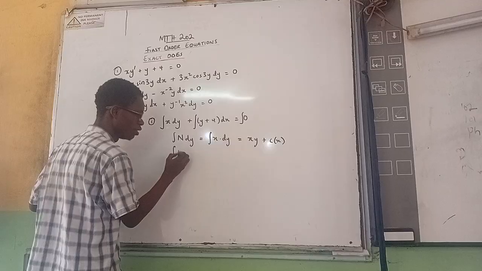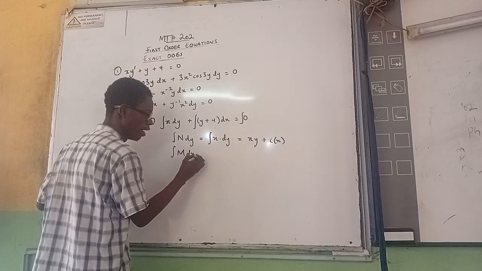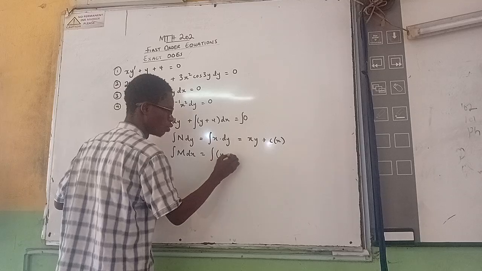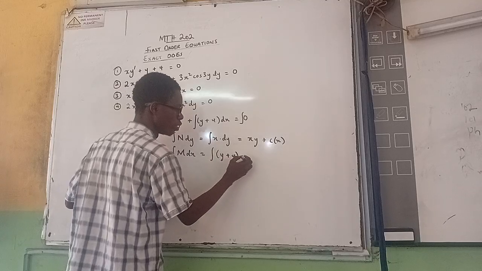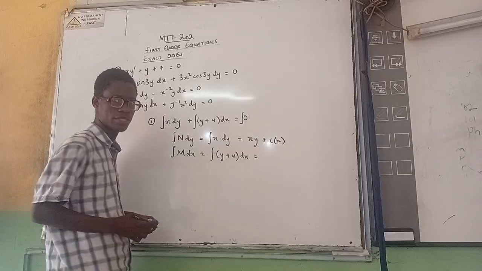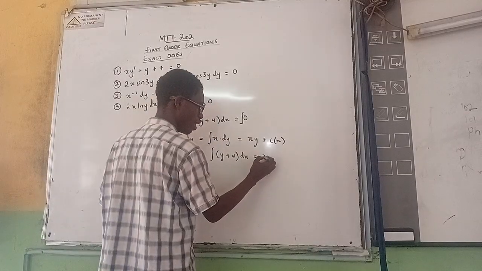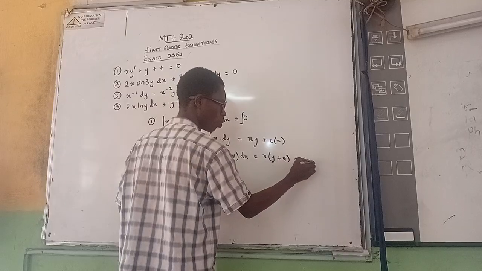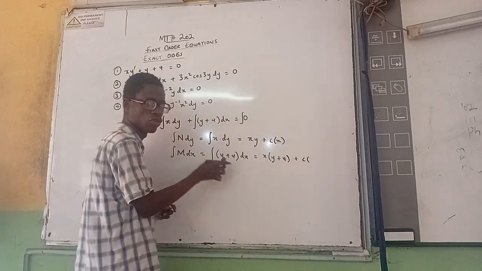Now if we integrate M dx, we are integrating y plus 4 with respect to x. Our answer is x times (y plus 4) plus our constant, which is a function of y.